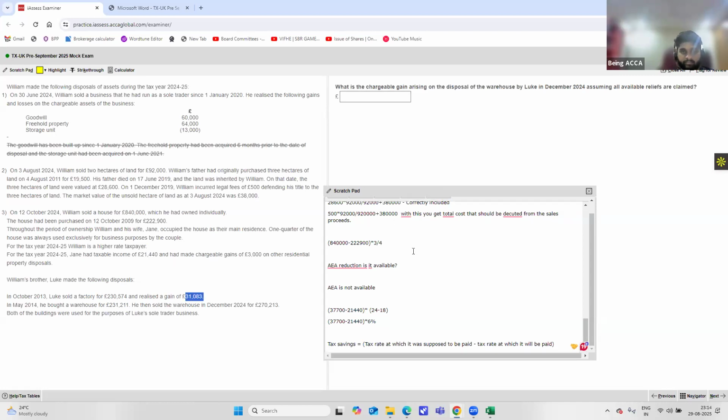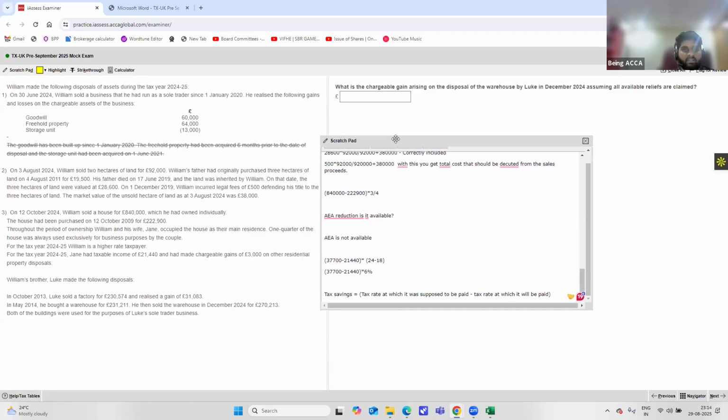Okay. Now what is happening? In May 2014, he bought a warehouse for 231,211 and then sold the warehouse in December 24 for 270,213. Both the buildings were used for the purpose of Luke's sole trader business.